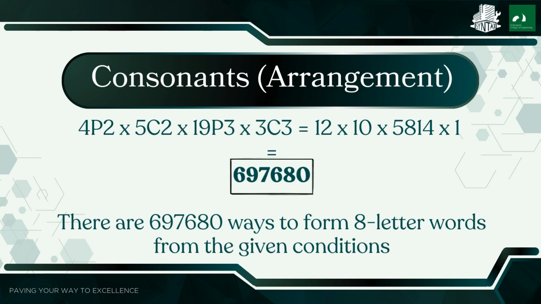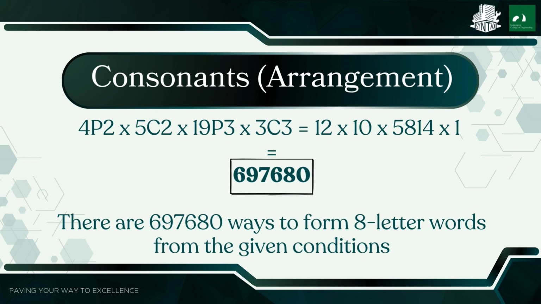Now, after the arrangement of the consonants, we can use the fundamental principle of counting to get our final answer. Following the said FPC, we are to multiply all our possible arrangements and selections, which is 4 permutation 2, 5 combination 2, 19 permutation 3, and finally 3 combination 3.